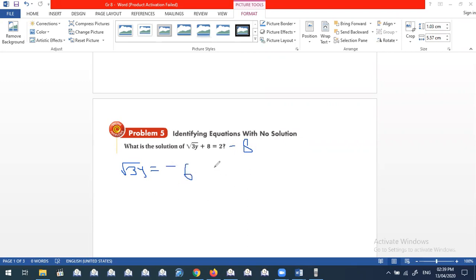Now make power 2 to finish the square root. So here we are going to finish the square root. It will be 3y equals negative 6 power 2, which is 36.